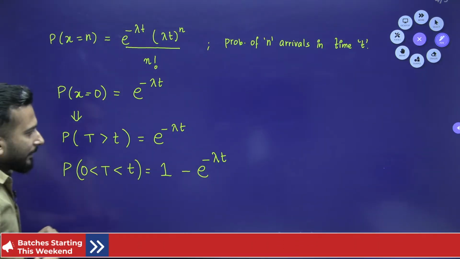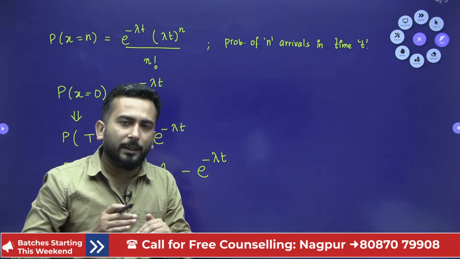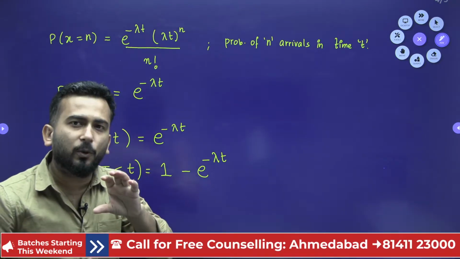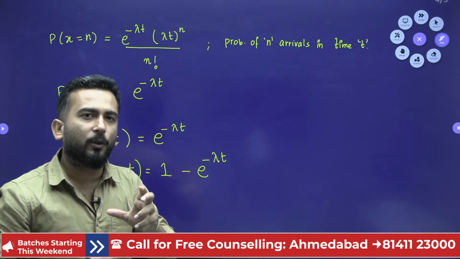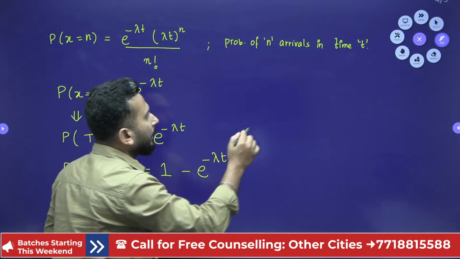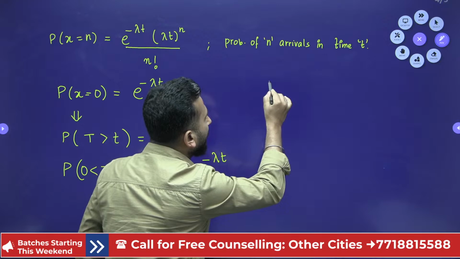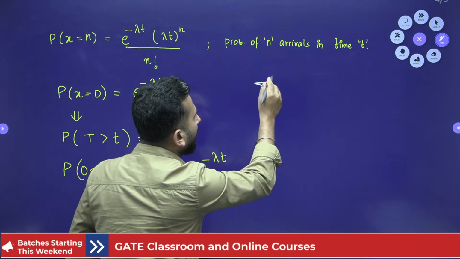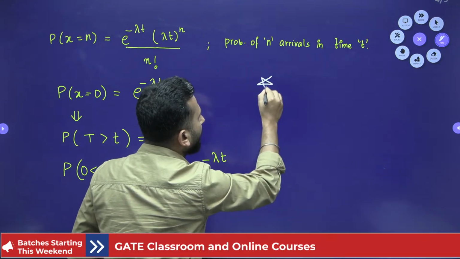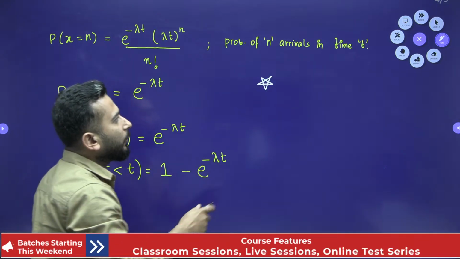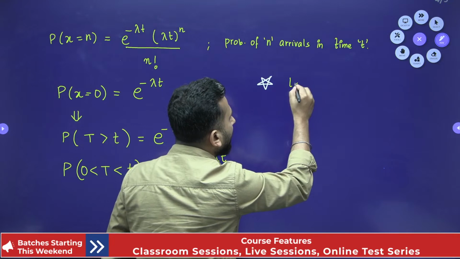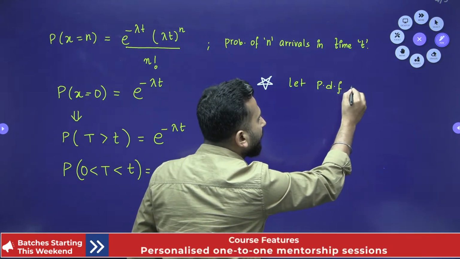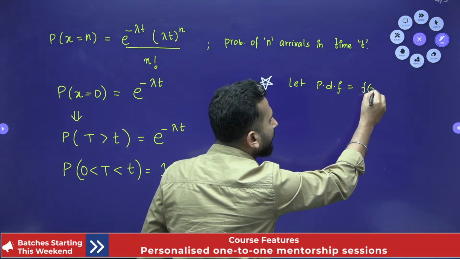Now, my dear friends, try to see one thing. I'm telling you the concepts of your engineering mathematics. Just to give you a better understanding, suppose you have a PDF, that means the probability density function, given as f of x.